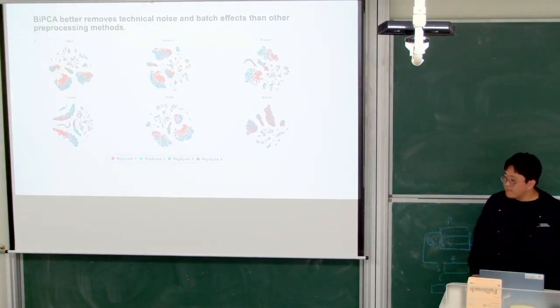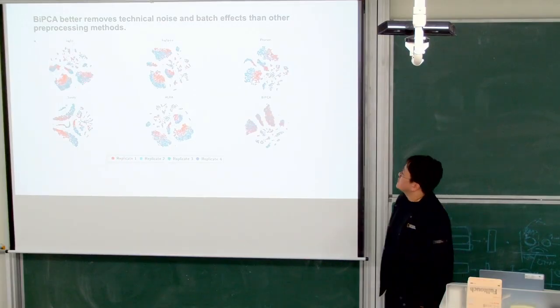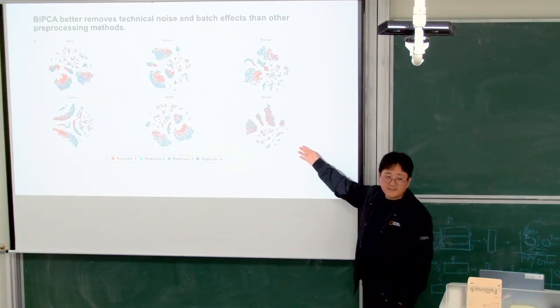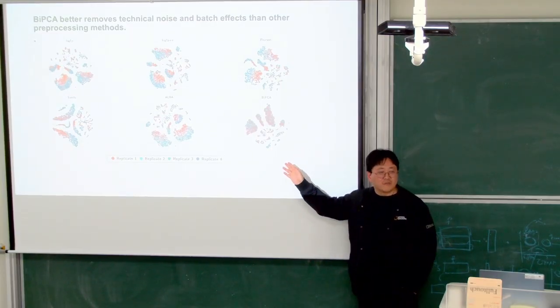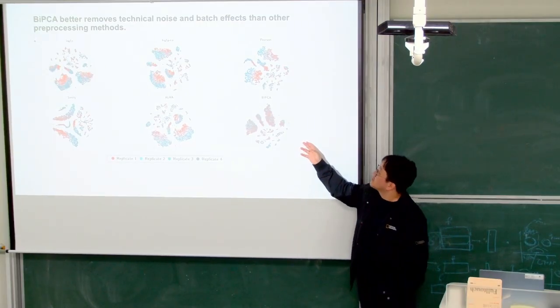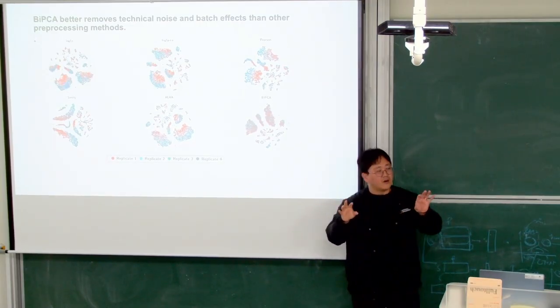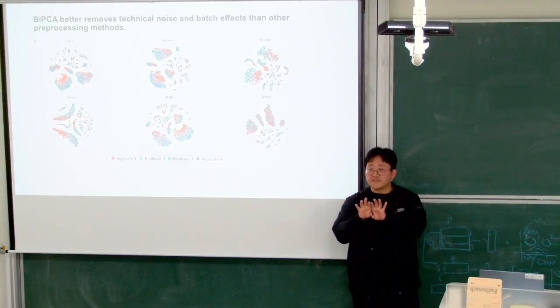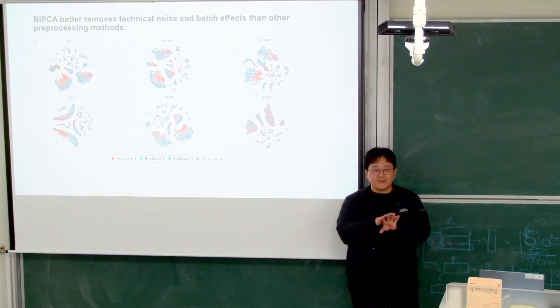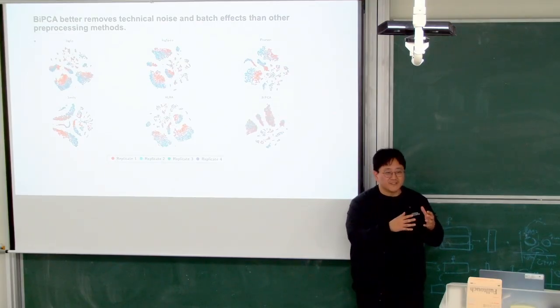Furthermore, they also emphasize that if you apply their algorithm, you can correct the batch effect. But I'm not sure about this result. Anyway, they show this. So what is the batch effect? When you merge 2 different data sets, they should be mixed, right? We want to remove the artifact effect.